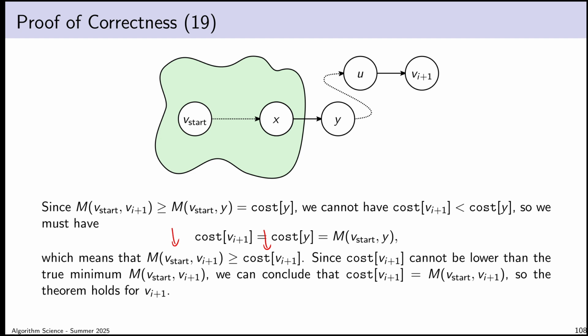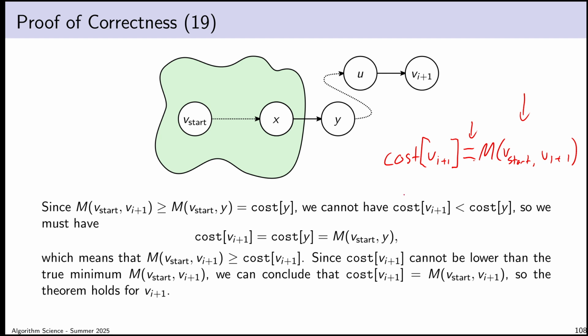Maybe it helps if I write it from left to right: cost of VI plus 1 is less than or equal to the true minimum cost to get from V start to VI plus 1. And I hope you can see that clearly it wouldn't make sense for this to be less than. Here's the minimum cost. How could I have found a cost that's less? Clearly that doesn't make sense. So if I state this inequality, the only possible option is that the two things have to be equal. And that's what we're trying to prove.